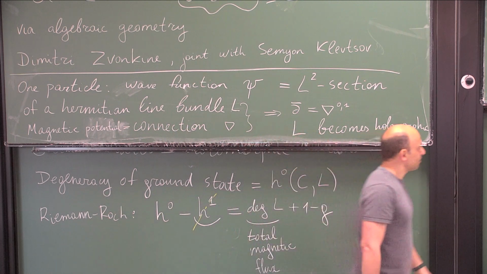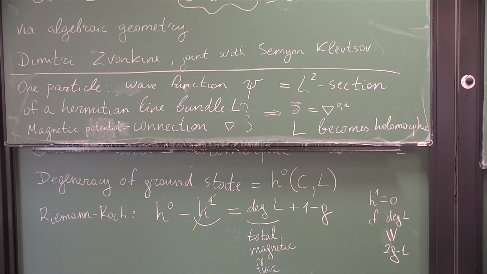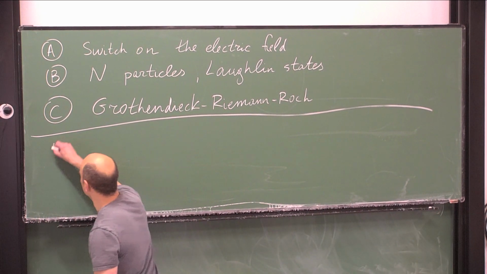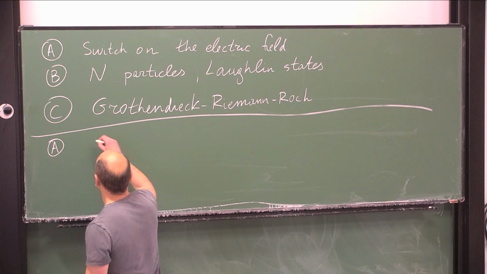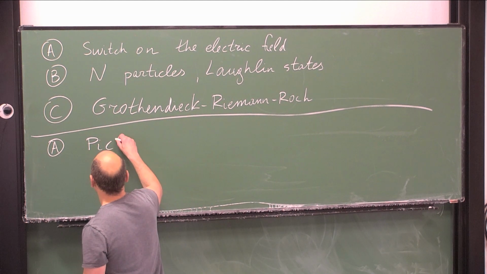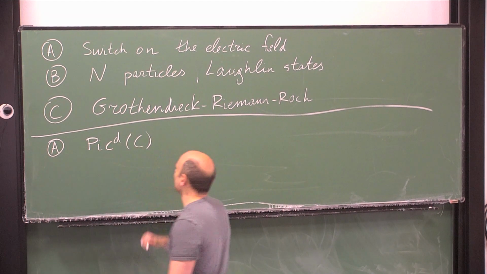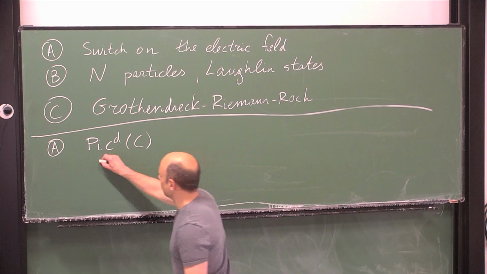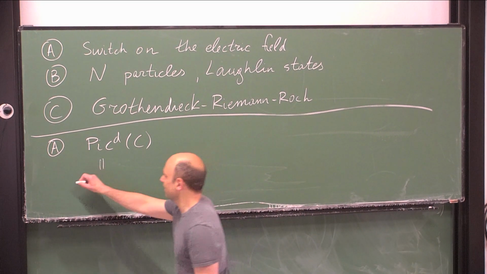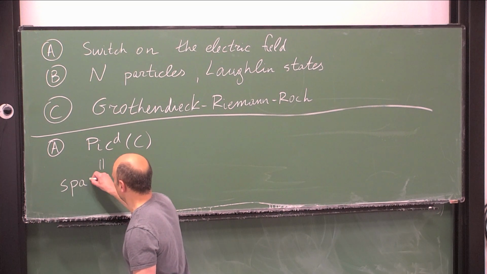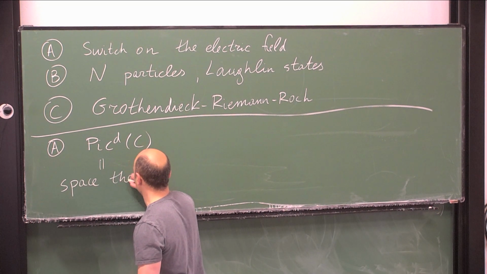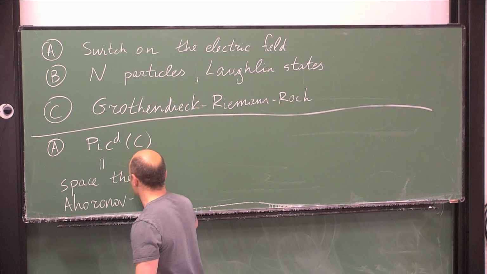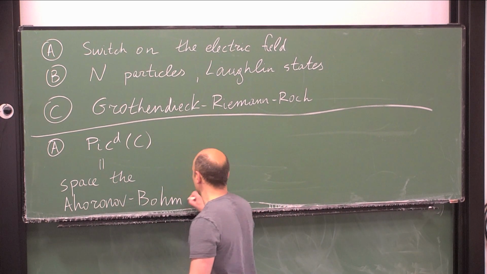And so now I properly introduce the space of Aharonov-Bohm fluxes. In math it's called the Picard group of the Riemann surface. For a physicist it's the space of Aharonov-Bohm fluxes.